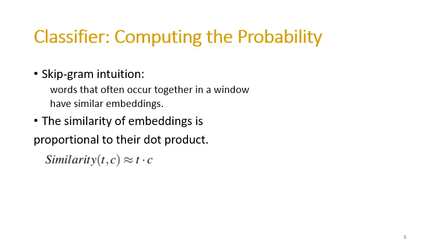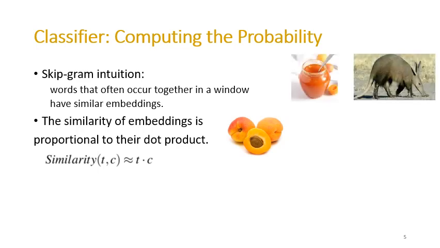Using the cosine similarity that we've seen before, the similarity of two vectors is proportional to the dot product of the two vectors. Let me give you an example. Let's say we have the word apricot, the word jam, and the word aardvark. By the way, aardvark is an animal. This is what we would like to have: the vector of apricot is pretty similar to the vector of the word jam.